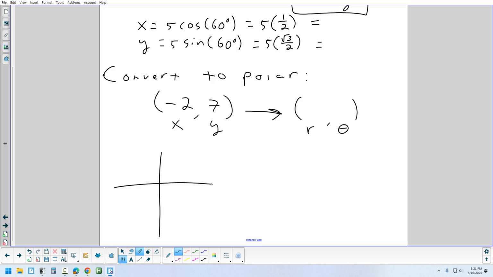First thing we need to do is graph it. And even if we don't graph it, then we really just need to figure out the quadrant. What quadrant is negative 2, 7? Yeah, Quadrant 2. Left 2, up 7. When you are in quadrant 2, what is the formula for finding theta?